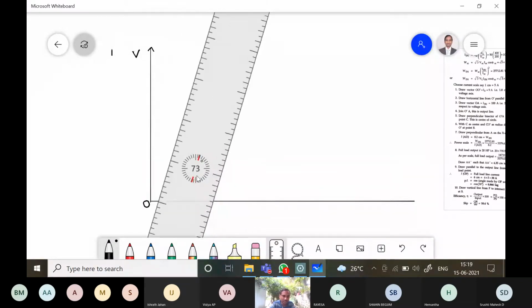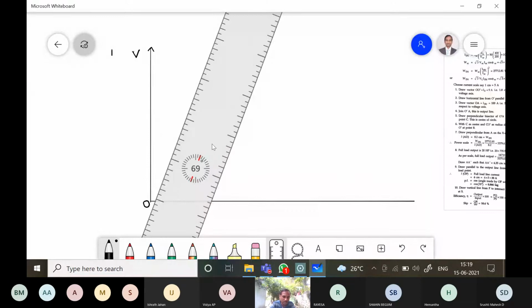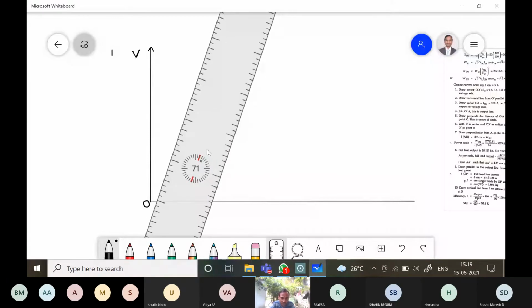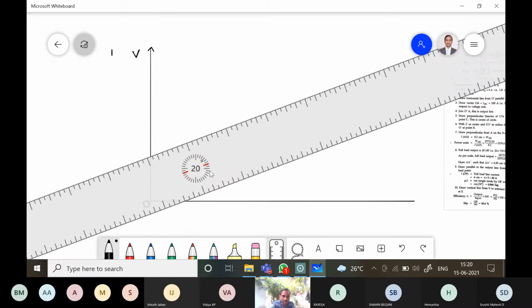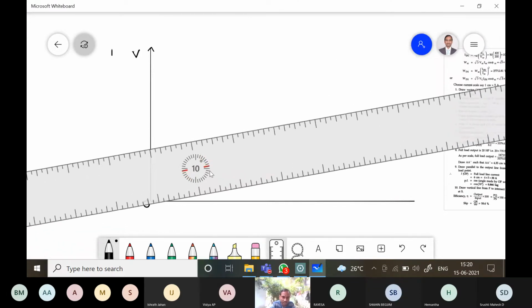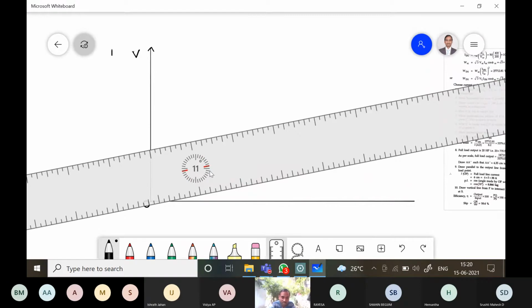If the protractor is used from the horizontal axis, the angle changes: 90 minus 78.46 is 11.54, nearly 12 degree.